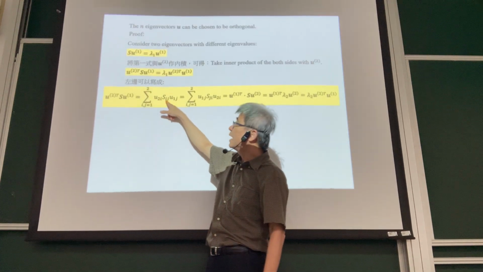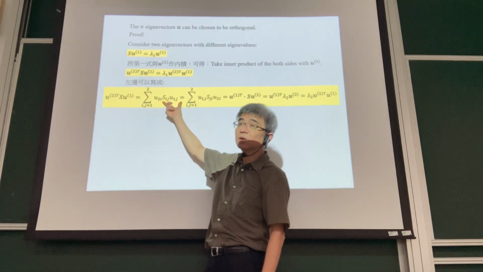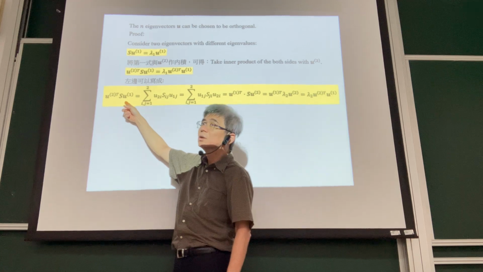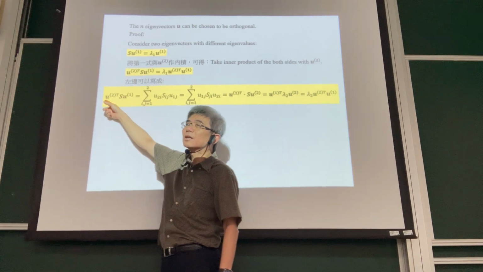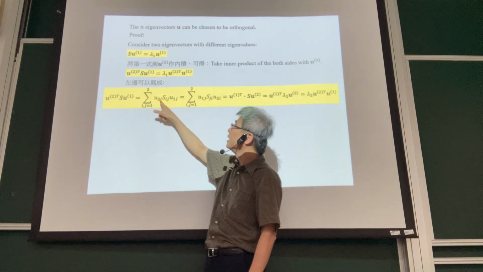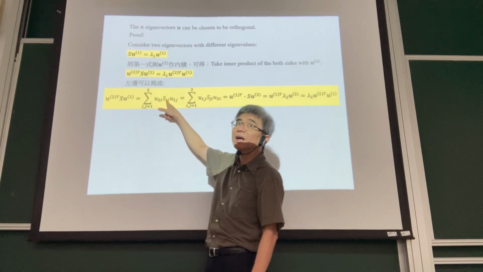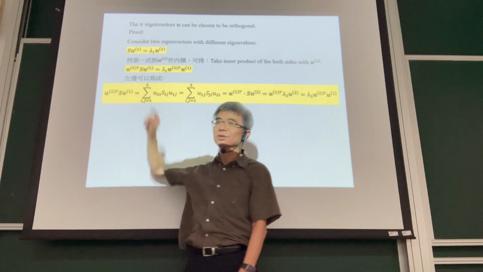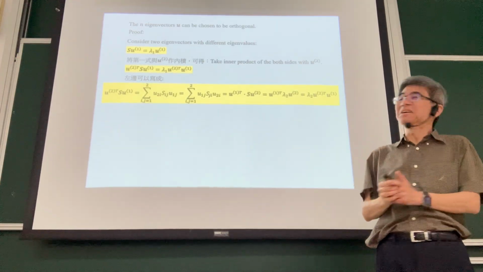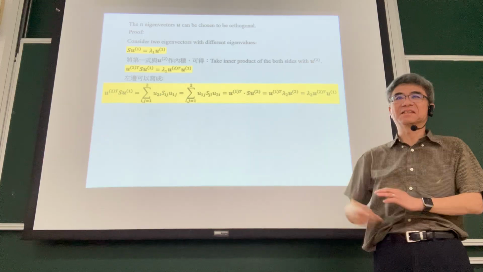Then we get the i-th element of the multiplication. This multiplication, S U, is then taking the inner product with U2. So U2i times this, matching i with i, and summing over i equal to 1 to 2. It's the same thing. You better convince yourself this is the same as this.